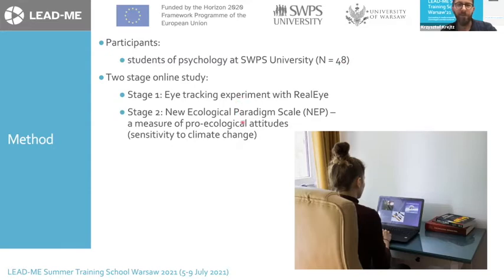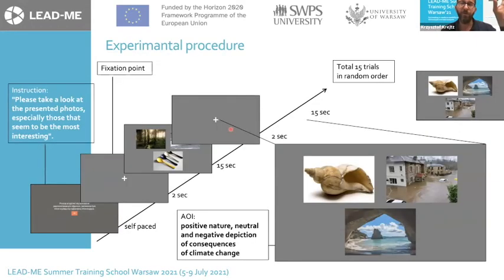In the first stage, the RealEye tracking experiment was performed. In the second stage, participants were asked to fill out the New Ecological Paradigm scale, called NEP. This is a measure of pro-ecological attitudes. We can call it sensitivity to climate change. And she wants to find out the relation between this sensitivity to climate change and the attention to negative pictures presenting consequences of climate change.